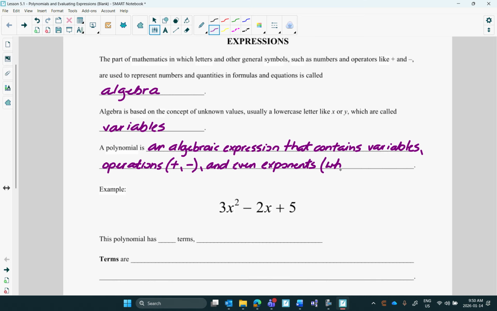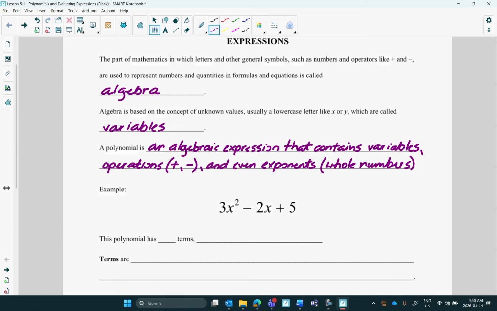But the exponents must be whole numbers. What I mean by that is the exponents have to be 0 or 1 or 2 or 3, etc. We can't have negative exponents. We can't have fraction exponents. We're going to look at those 2 types next year.